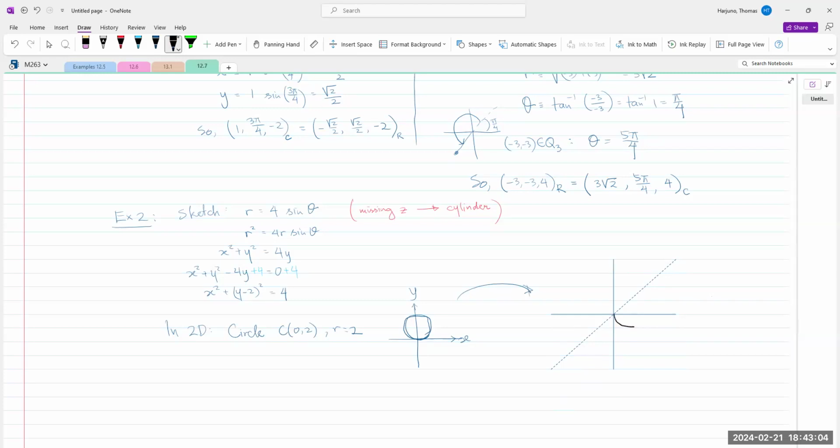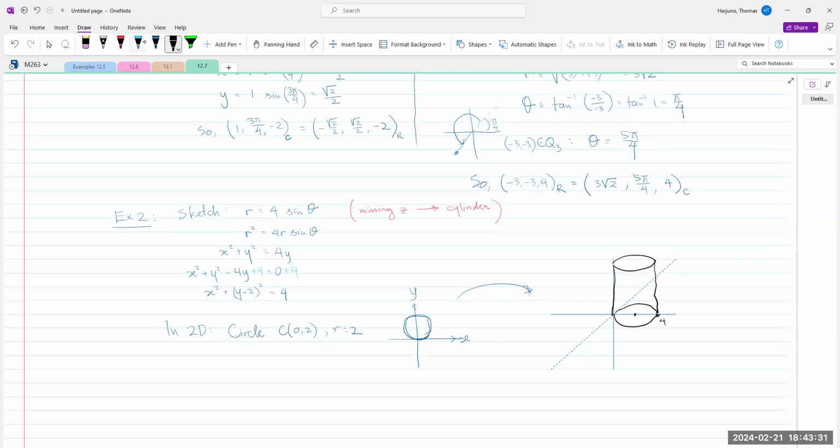As a cylinder parallel to the z-axis with radius 2. So this is the x and y-intercept, there is (4, 0), (4, 0).